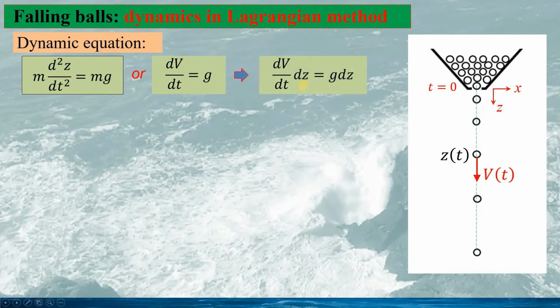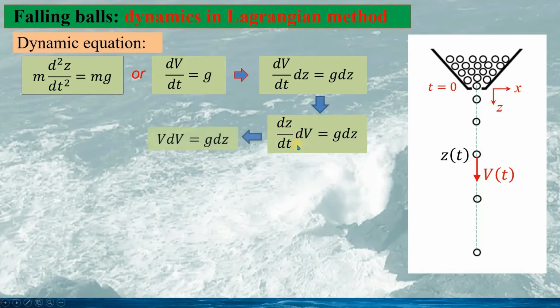We can multiply dz to both sides of the equation. We have the expression as this. And on the left-hand side, we change dz and dv, so we have the expression as this. We notice dz over dt is actually the velocity, so we have the expression as this.